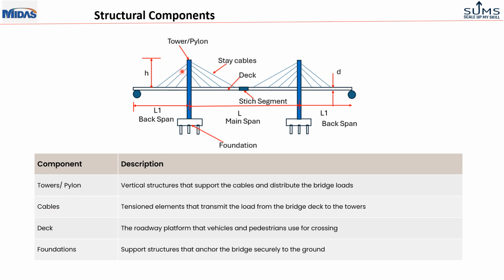The second component is the stay cables, which are tension only elements, and deck is this one, which is supporting the roadways and vehicle and pedestrian traffic, and the fourth component is the foundation. The deck has also a stitch segment which is at the middle of main span. This is the back span of the deck, and this is the main span, and this is another back span.